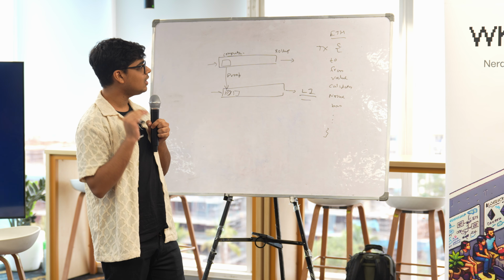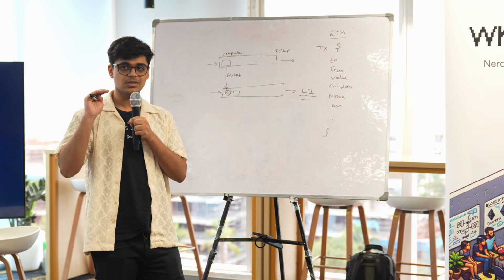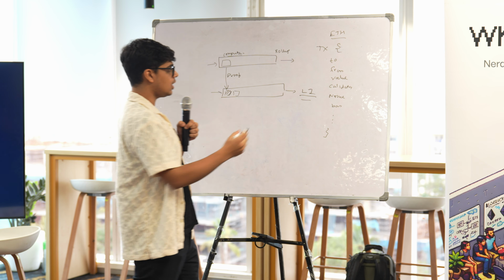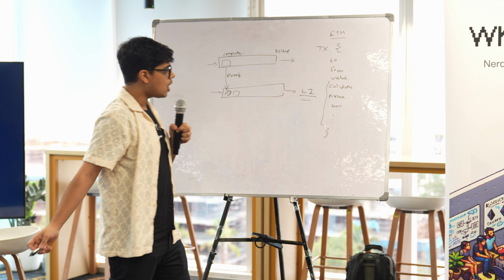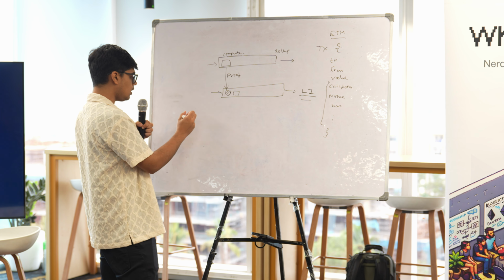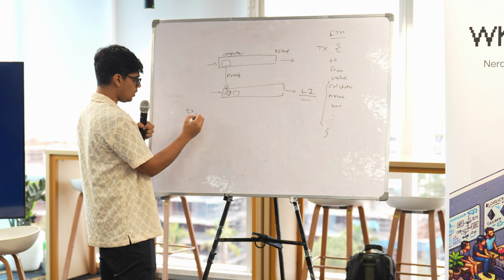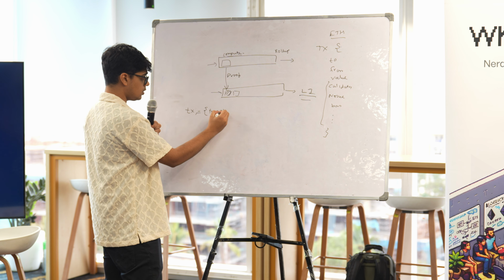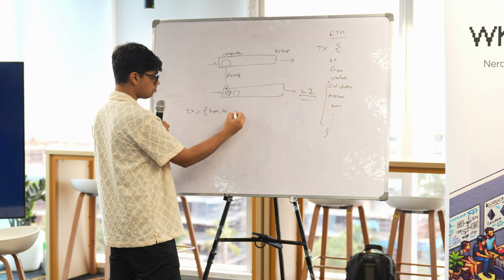What you need for a payment transfer is the sender, the receiver, and the amount, right? So why do you care about all the other things? So how about we build a state machine that can only take the transaction which is the from address, the to address, and the amount.